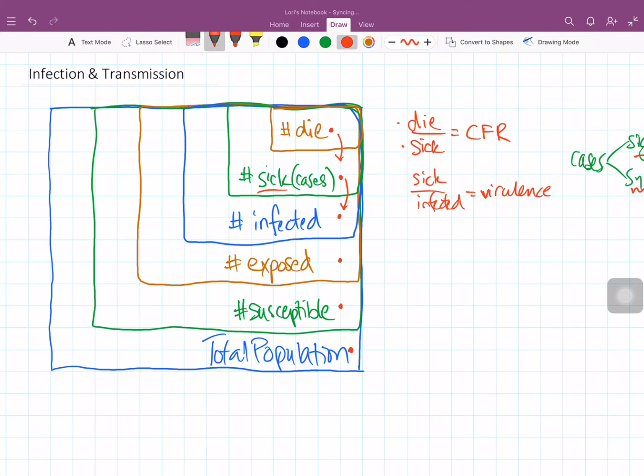And this can tell you a lot about the organism. Now, your textbook tells you that the case fatality rate can tell you something about the virulence, and this is especially if a very large percentage of the people who become sick actually die, and this is the case.